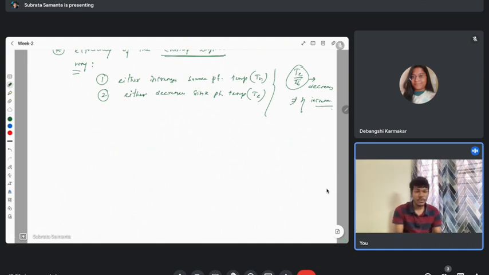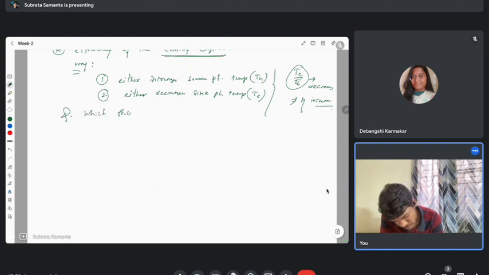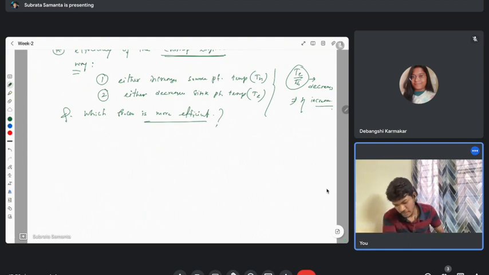So which process is more efficient? The question is which process is more efficient.